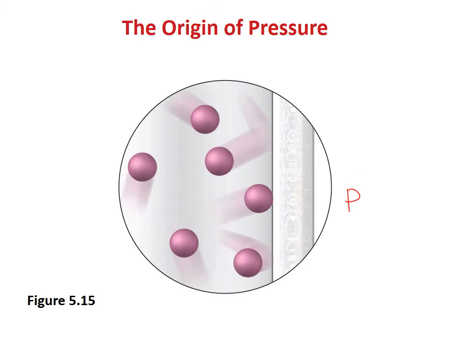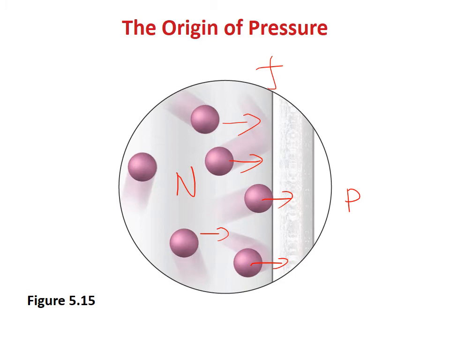So the pressure is due to the constant collision between these particles and the wall. It depends on the number of particles, the frequency of the collision, how often they collide per second, and it depends on how fast the molecules move.